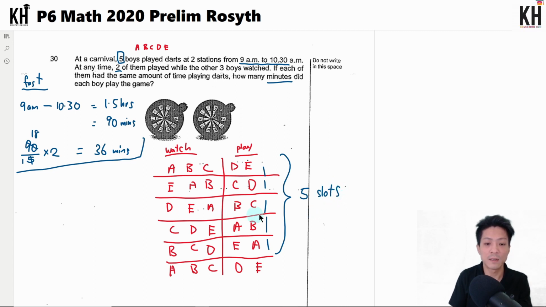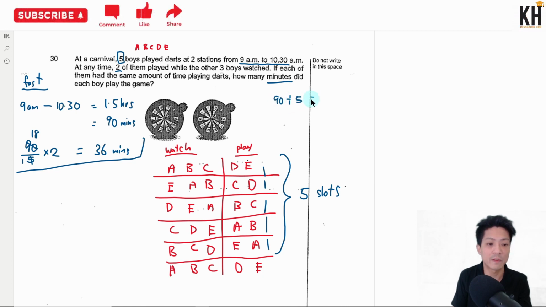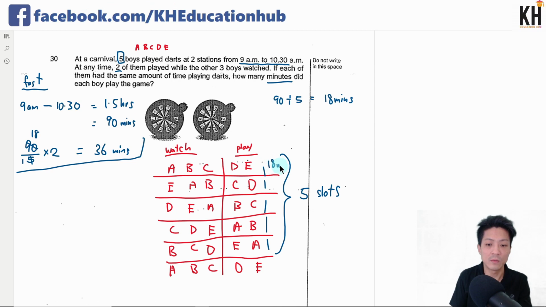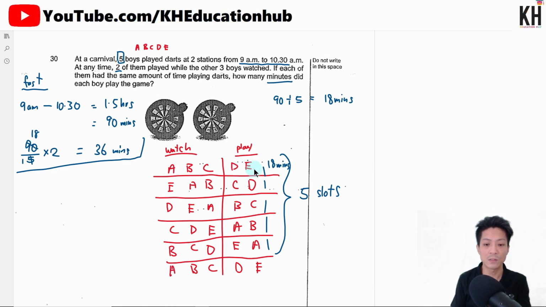To find the timing for each slot, you just need to use the 90 divided by 5, which will give you 18 minutes. So each slot is 18 minutes. Then if you look at any one of the boys, let's say you focus on D, he plays 2 slots.